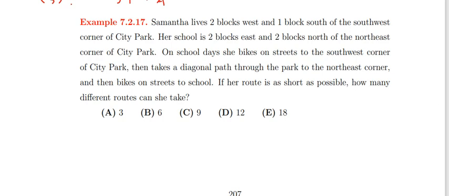For this one, it says Samantha leaves 2 blocks west and 1 block south. So maybe we use this, 2 blocks west, 1, 2, and 1 block south. So here we say this is east, this is west, north and south.